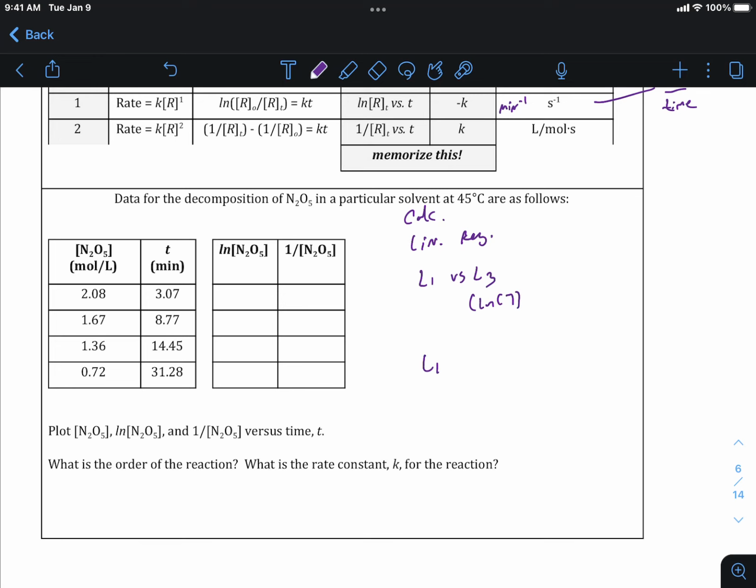And then do L1 versus L4, which is the inverse. You're going to get a slope, but the best way to tell which one it is, you need to turn on your diagnostic on your calculator, and that's going to give you your R and R squared values.